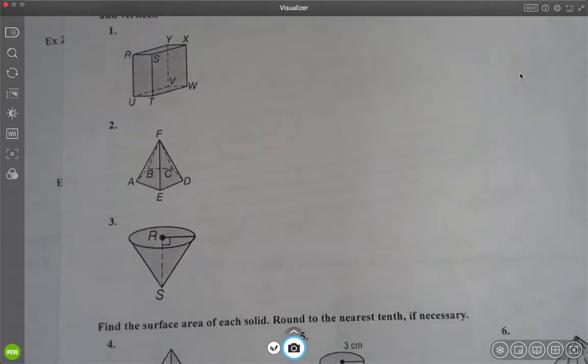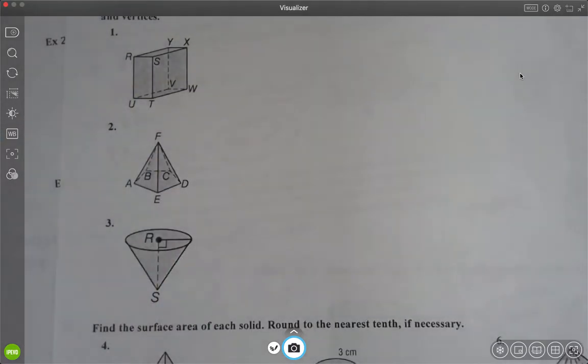Yep, which one do you not have to do anything on? 3, because he is not a polyhedron, he is a cone. There you go. So the other two, just tell me how many there are. You don't have to name them. Make sense? Good? All right. I'm trying to make life a little bit easier for you. Okay? There you go.